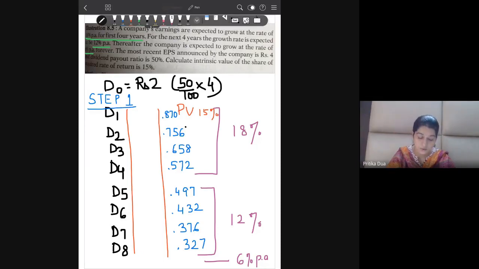Yes, Shubham, are you solving the question? Shubham is not here. Avinash is also not here.